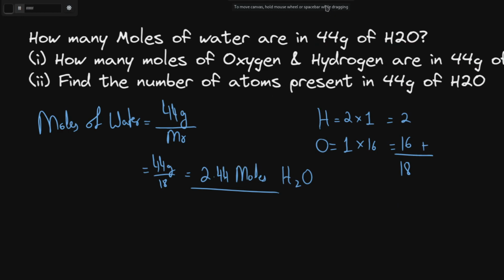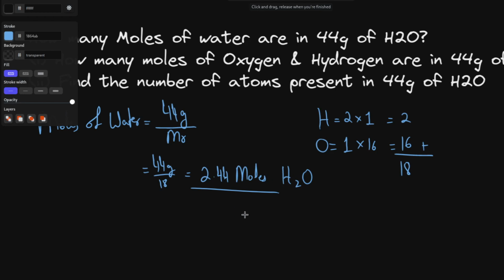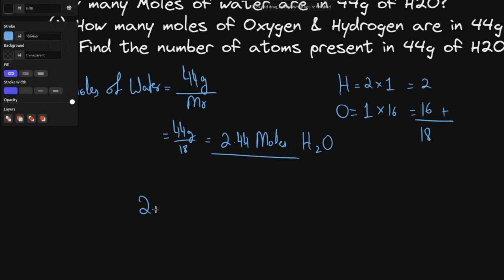So if we want to figure that out, perhaps we can use the equation. We know that there are 2.44 moles of H2O, right? This entire particle is 2.44 moles present.